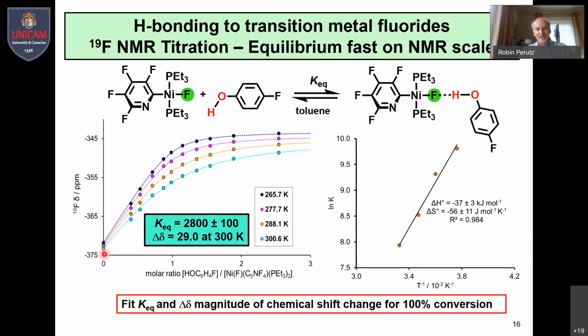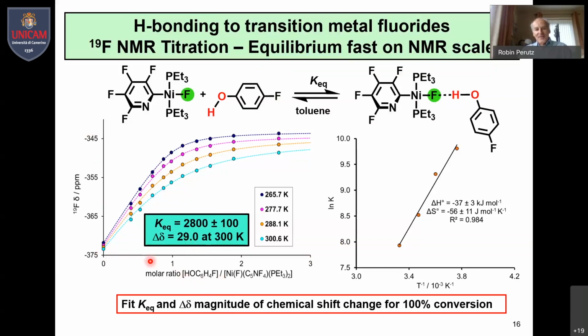And what you can see here is that as we move from a molar ratio 0 to 3 to 1, the chemical shift changes by about 30 ppm. In fact, to be precise, 29 ppm.